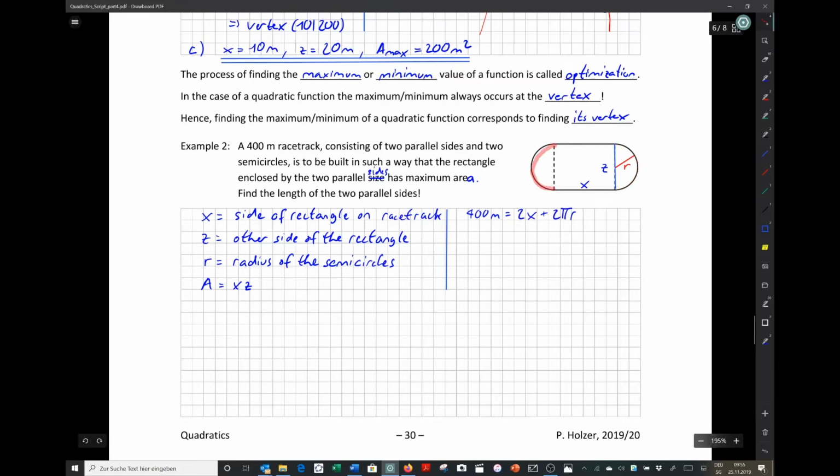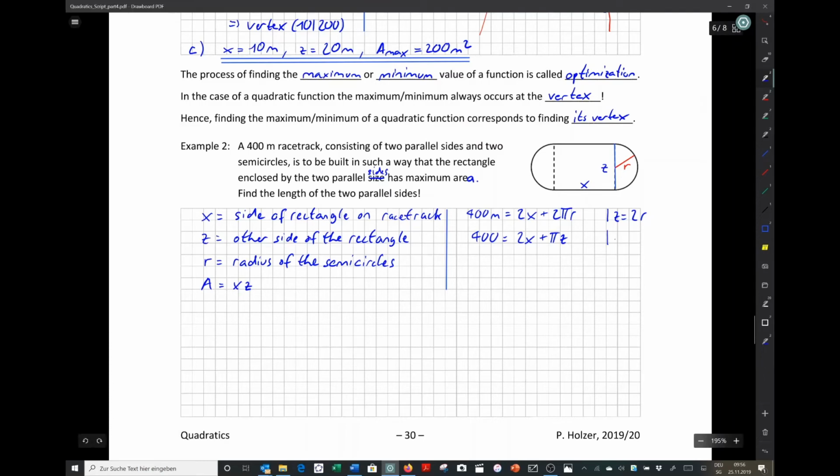Well, this makes just one circle with radius r, so the circumference of a circle with radius r is 2 pi r. z is obviously 2r, so let's use that to rewrite that as 400 equals 2x plus pi times z.